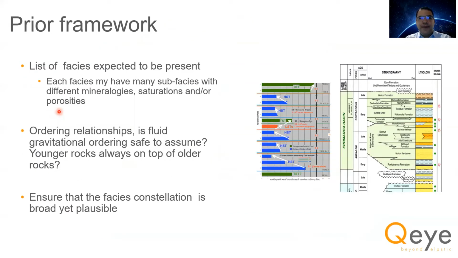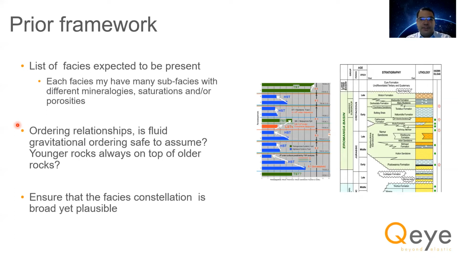So the basis of all this approach is the prior probabilities that we set up in our inversion. Now that prior framework usually starts with a list of the phases expected to be present, and a very important ingredient that will allow us to narrow down the solution space is the existence of any ordering relationships.